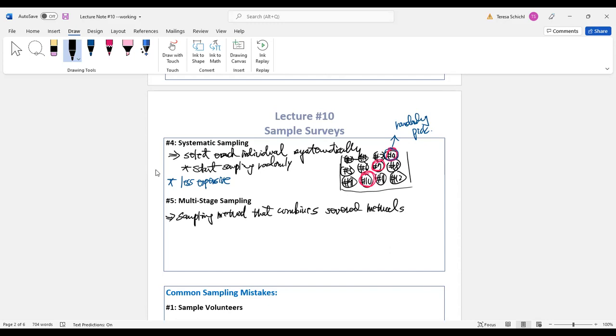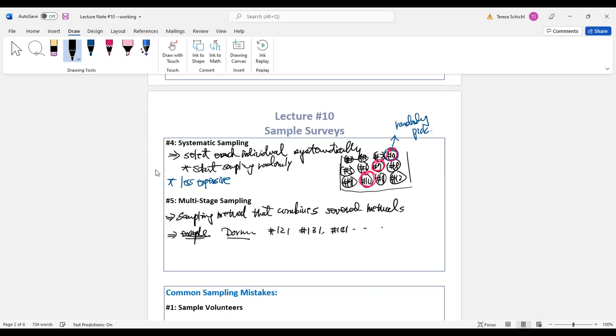For example, I can use the cluster first. Say I choose a dorm from many dorms, so this is a cluster. Then inside each dorm, I give numbers from 1 to 2,000; maybe 1,000 residents live there. Then you randomly pick a number. If you pick 121, then you say every 10th, so you have 121, then 131, 141.